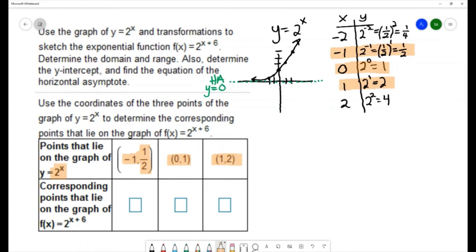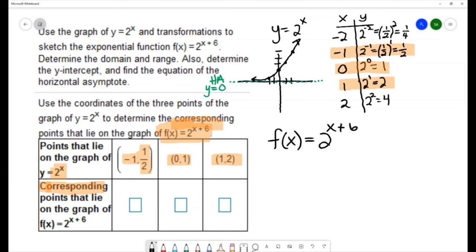We want to find the corresponding points that match for this other equation, f of x equals 2 to the x plus 6.